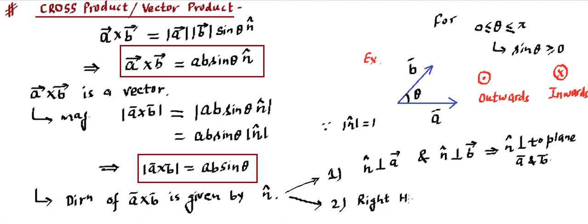This right hand rule will make us able to choose correctly out of the two available options. Once we apply the first point, we reduce to two options to choose from, and the second point decides which one of the two is correct. Making sense? How to use this? Again, we can't see each other, so I can't demonstrate the movement of the hand, but you need to imagine that.